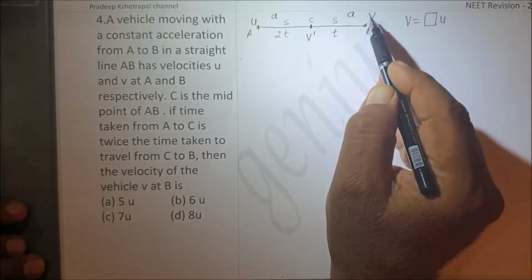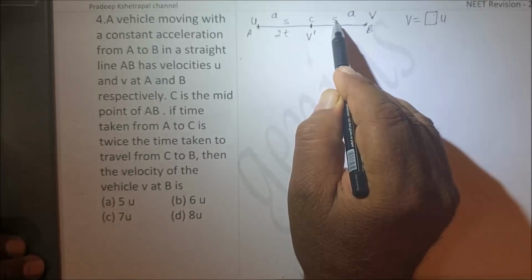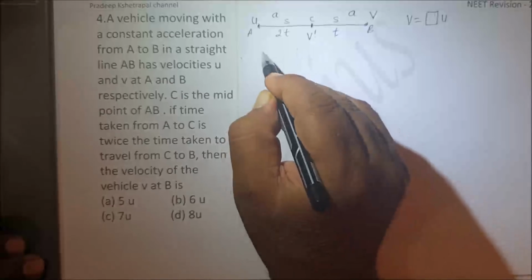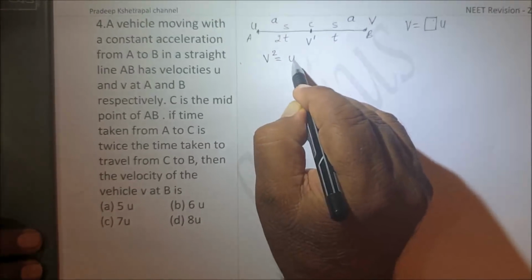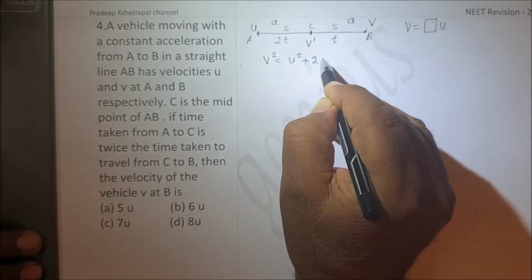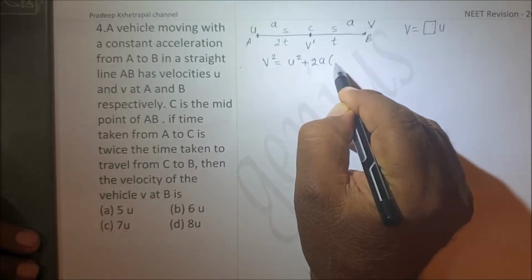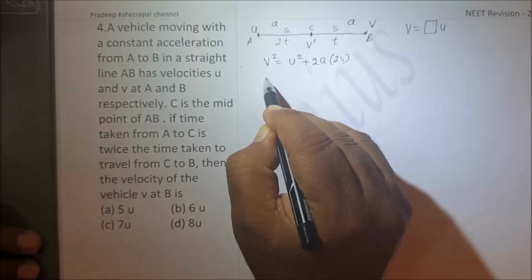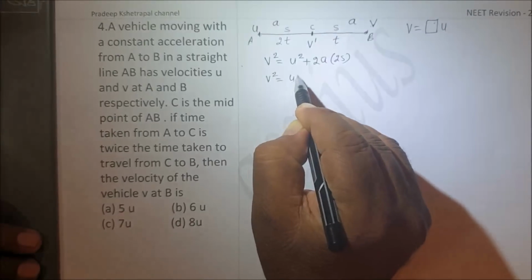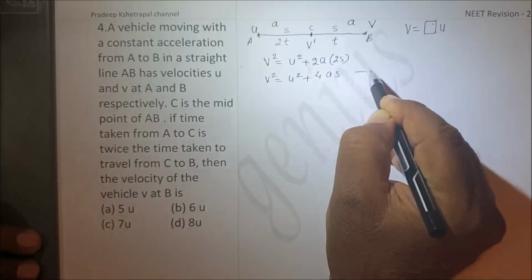Yes. First, the third equation, v squared is equal to u squared plus 2as, and here s and s, 2s. So this is v squared is equal to u squared plus 4as.